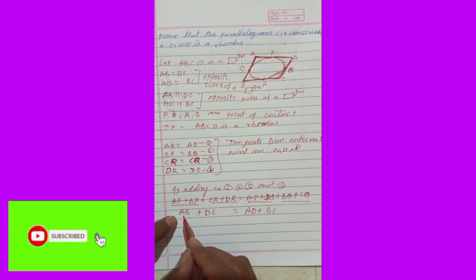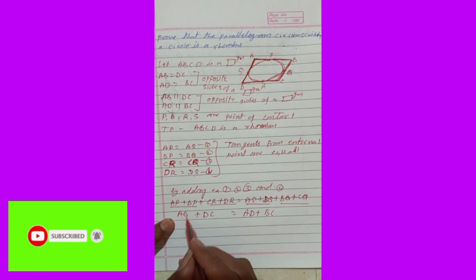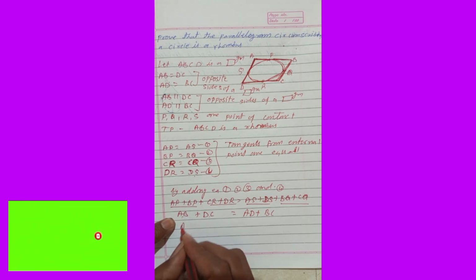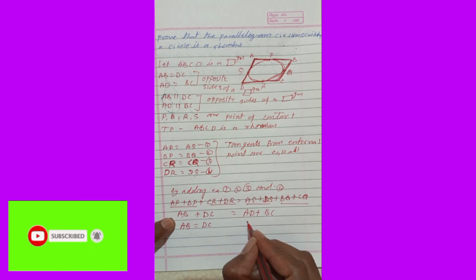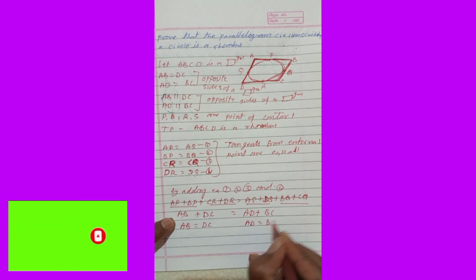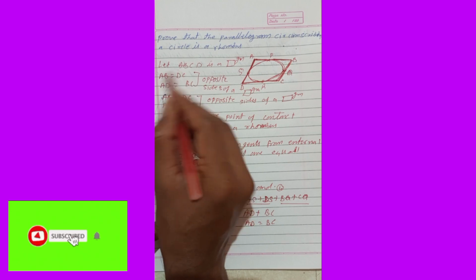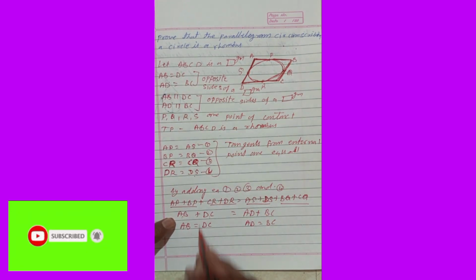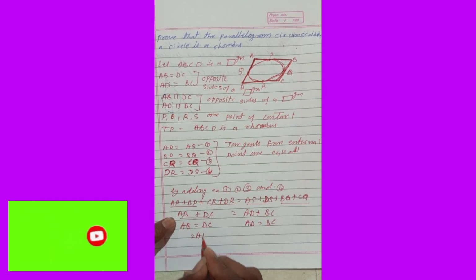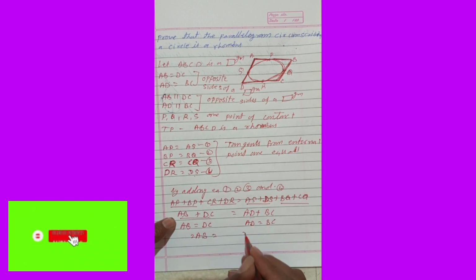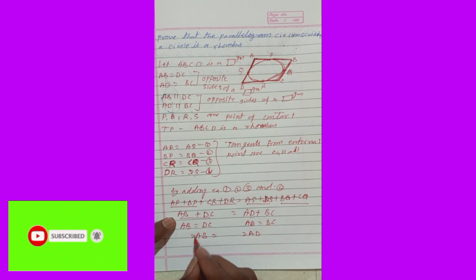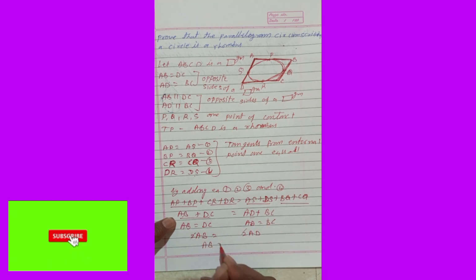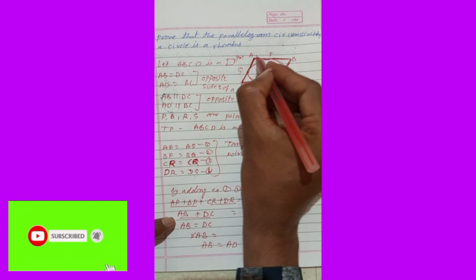We have already written that AB is equal to DC and AD is equal to BC, because of opposite sides. So I can write 2AB is equal to 2AD, then the 2 cancels. What we got: AB is equal to AD.